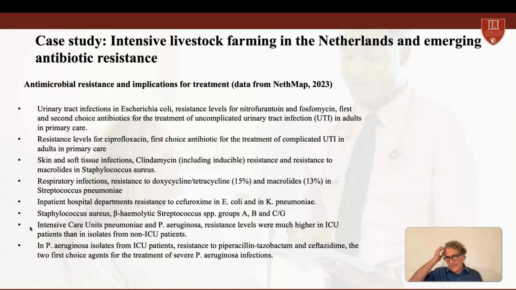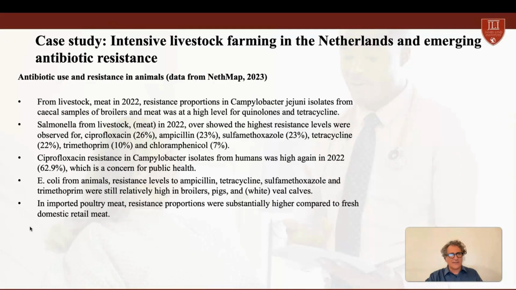I use this one as a Netherlands case study. So these are all the different drugs and medicine that are used to treat different diseases in ACU patients, also in general hospital patients, or any sort of infection, urinary infection. So there are different kinds of antibiotics that are generally used in the healthcare sector in the Netherlands.